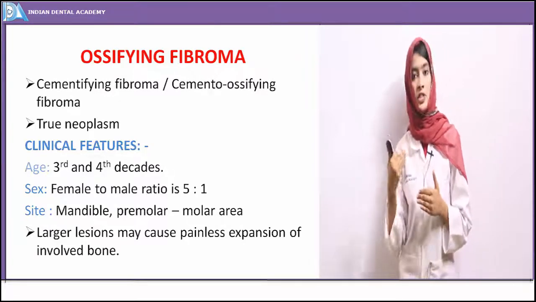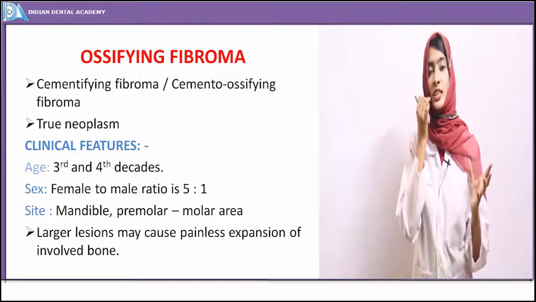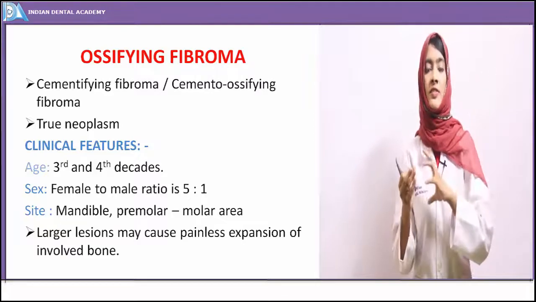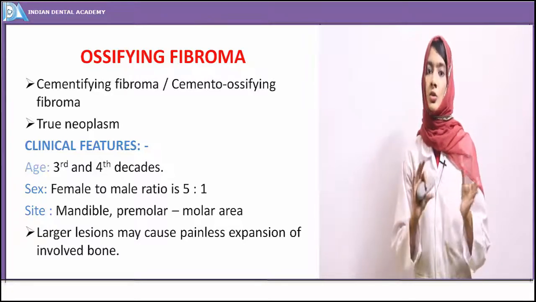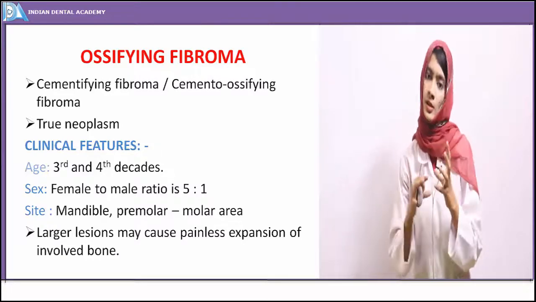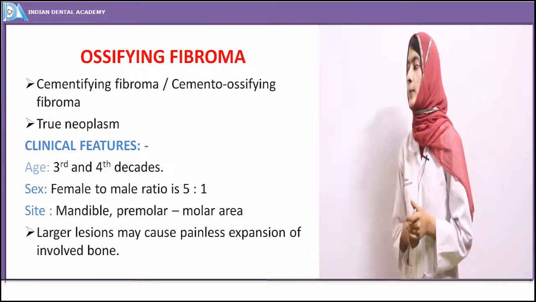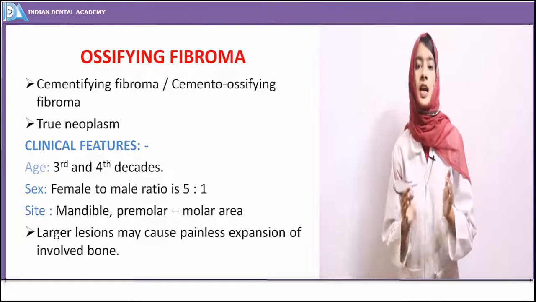So you have to differentiate this lesion clinically from fibrous dysplasia because they have similar clinical features. When the clinical features appear to be similar, you have to move on to compare them with the radiological features. Small lesions are asymptomatic.